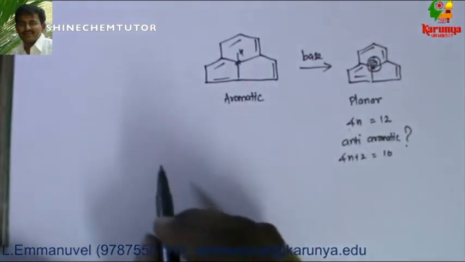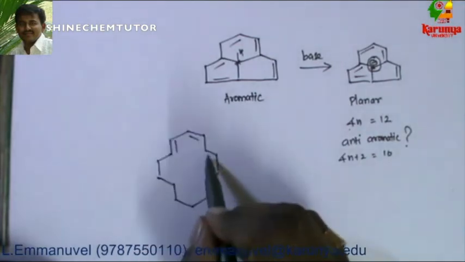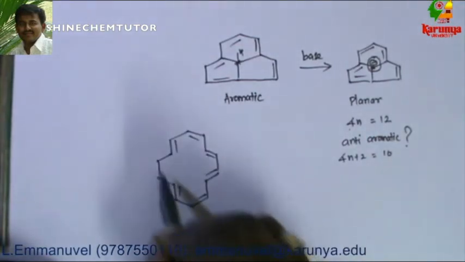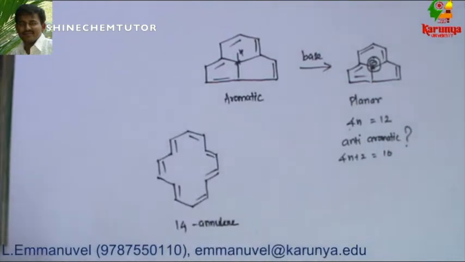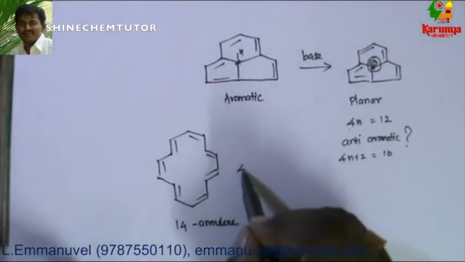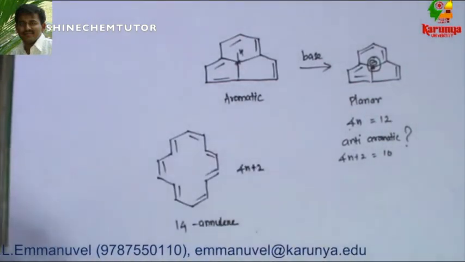I go for higher annulenes. So it is [14]annulene. The number of pi electrons will be 4n plus 2, 12 plus 2.